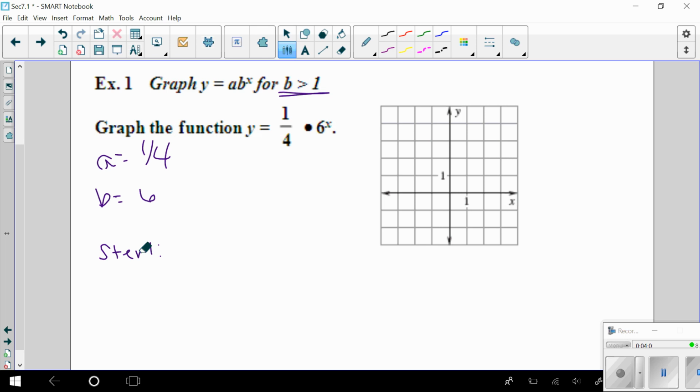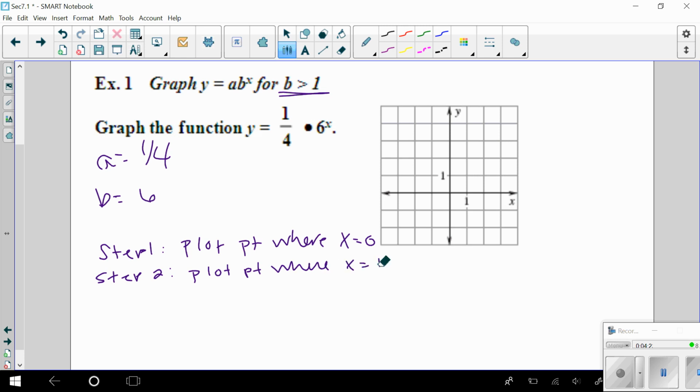is to plot the point where x equals 0. Then we're going to plot a point where x equals 1. And then we're going to go from left to right and draw a curve that begins just above the x-axis.